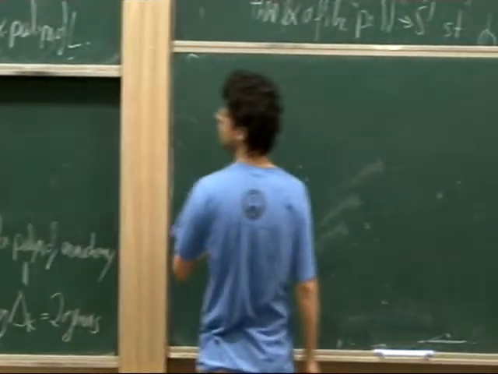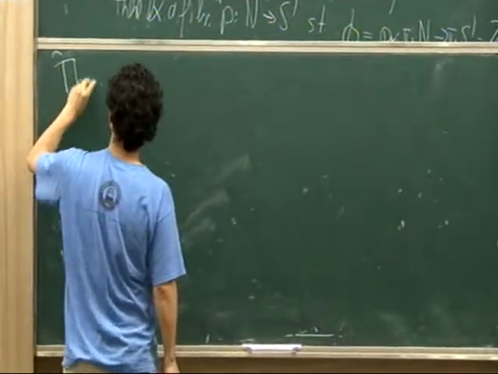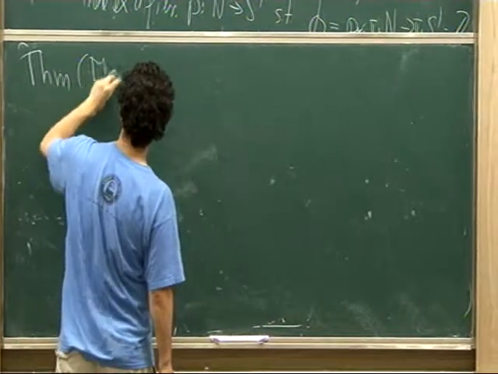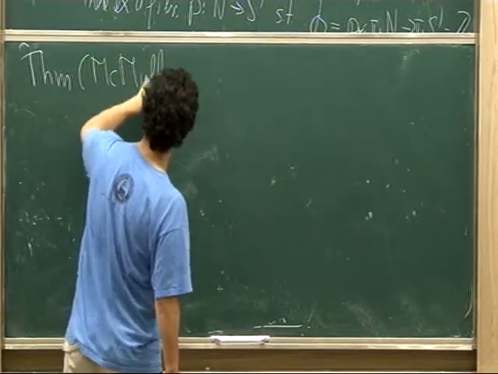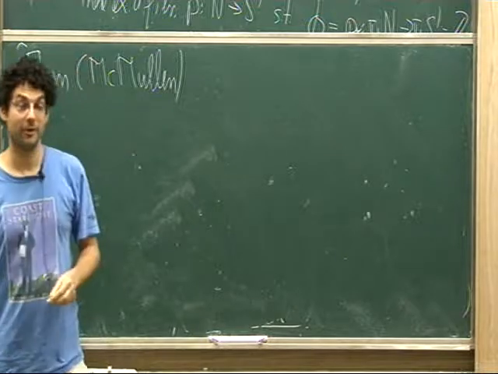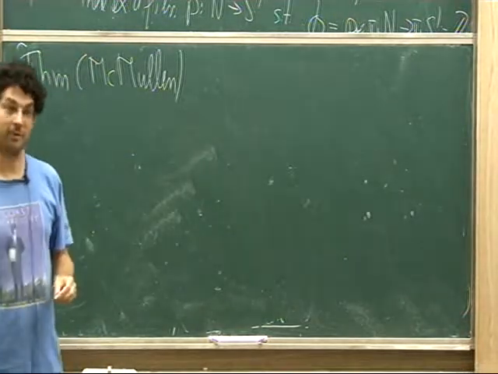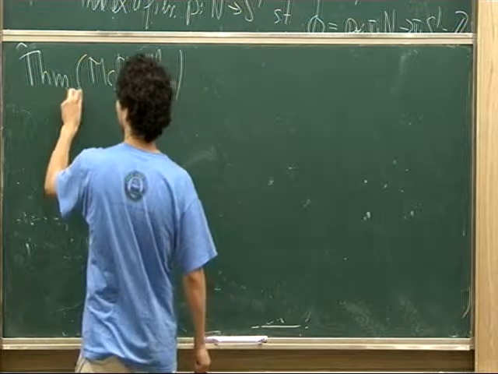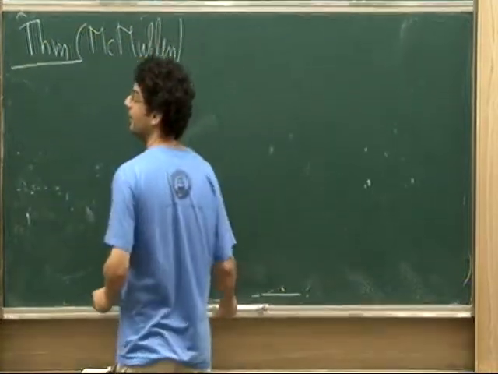Oddly enough, it goes back to McMullen. He was the first one to write it down. For him, it must be achievement number 157 on his list, but it's still kind of useful.